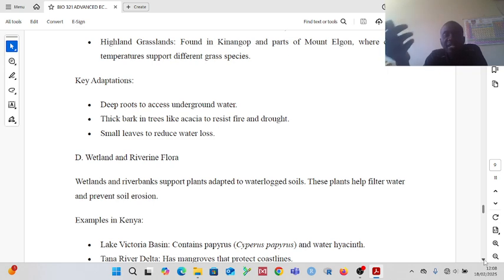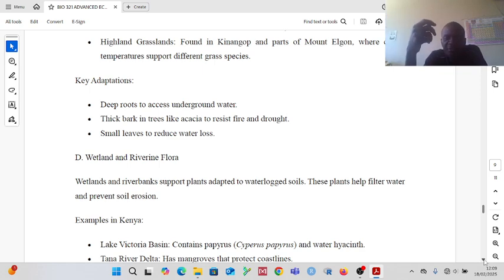So it means the flora you find in this ecosystem must be adapted to soils that are saturated with water. Such plants will help in filtering the water. These plants as well will help with stopping soil erosion in that particular ecosystem.